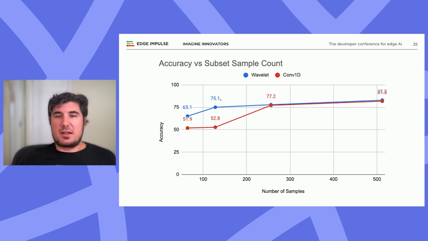There's a lot of times where you're in a situation where you cannot collect enough data to train a really large convolutional model. Either it's prohibitively expensive or the data just doesn't exist. Like you just don't have access to it. It's hard to get to. And so by using DSP, you can get good accuracy with sub 100 samples sometimes. And that's just not really feasible with a convolutional model over like a 10,000 point input.